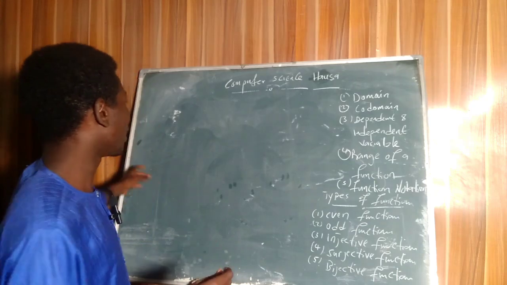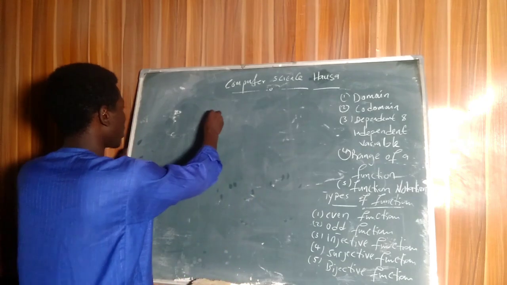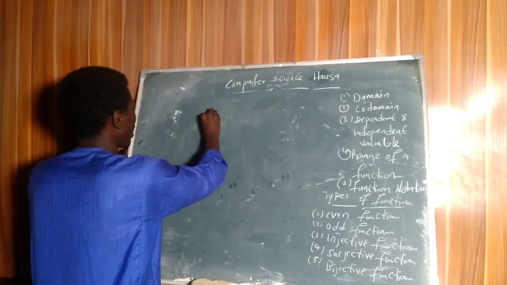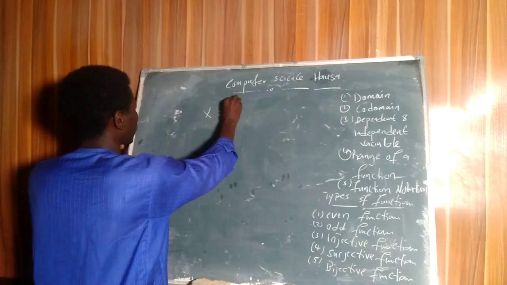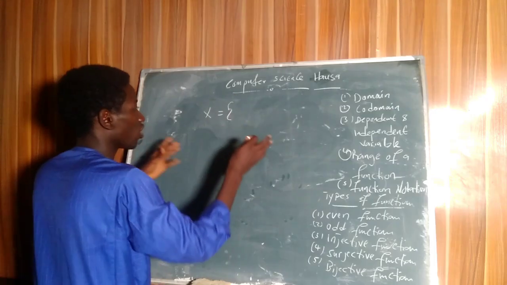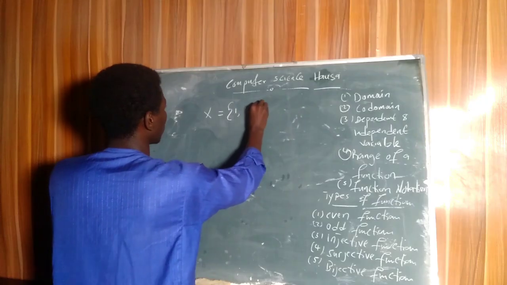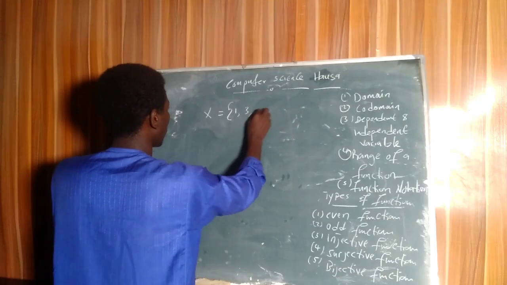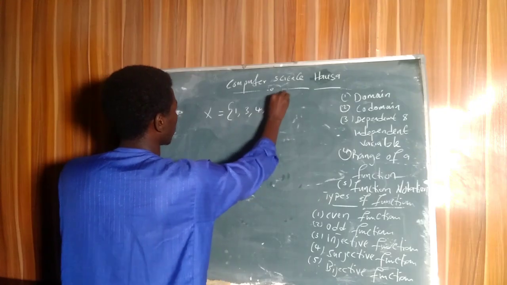For example, abin da nake nufi shine misali ina da wani set, like let's call this set x. Wannan set is equal to this. So yana da set of numbers, 1, 3, 4 and then 5.